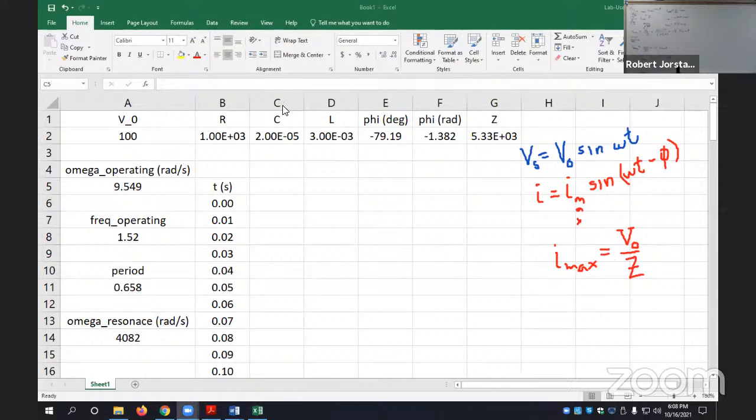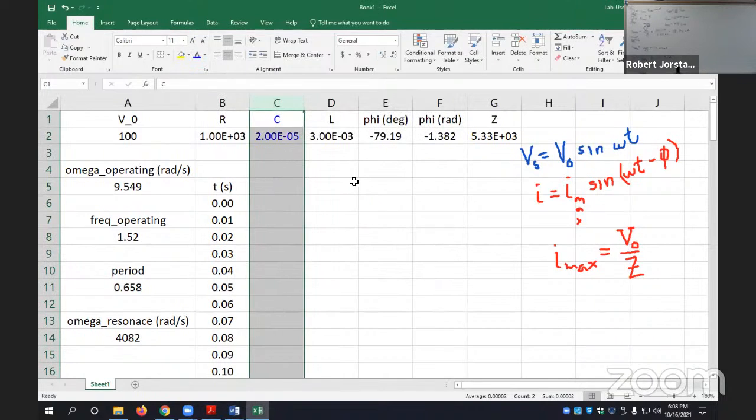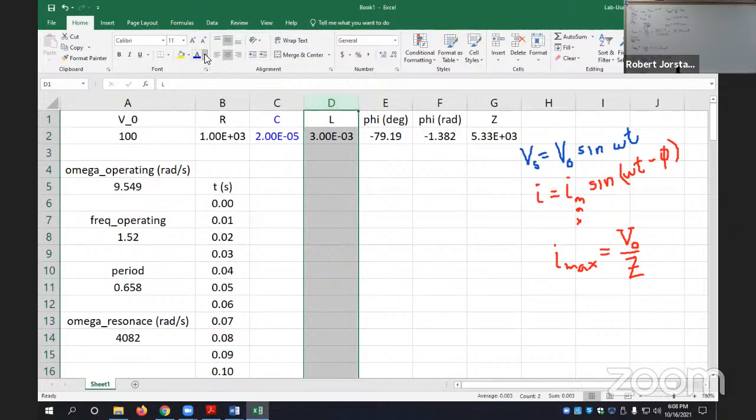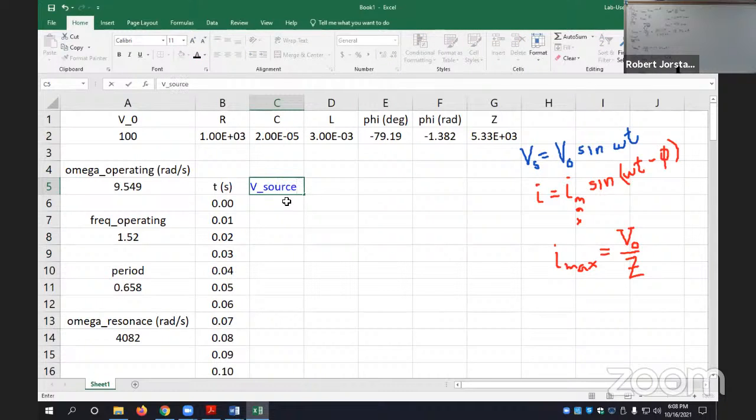So maybe what I'll do is make this column blue, and I'll make this column red. These ones, I don't care, I'll change those back to black. So this was V of the source.